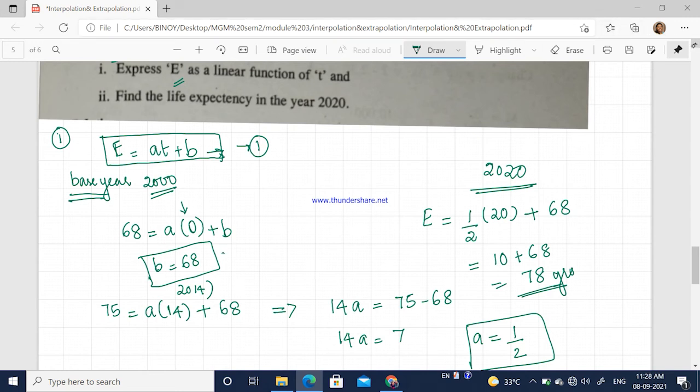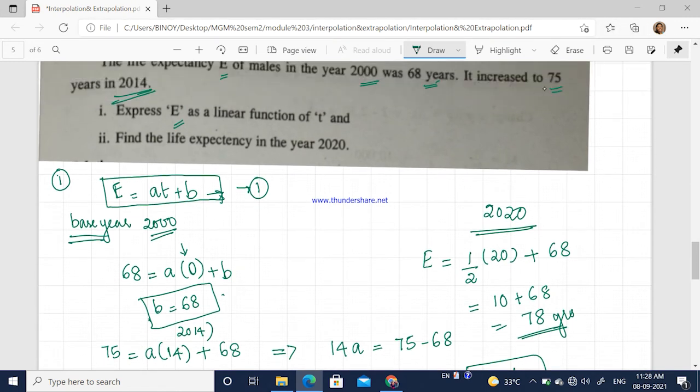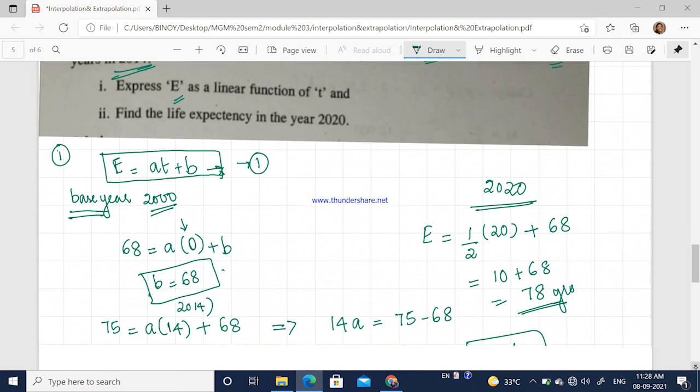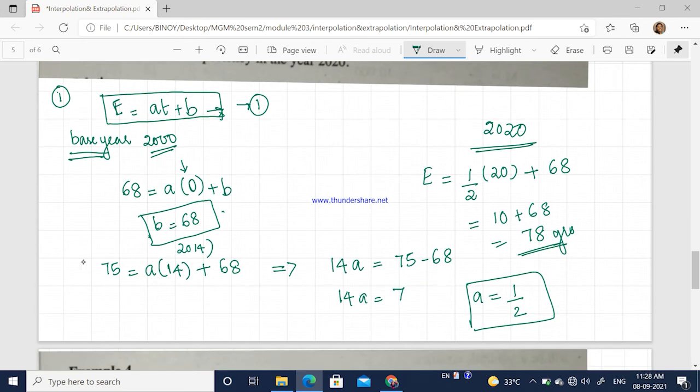Then according to the second statement, the life expectancy is increased to 75 years in 2014. So 75 is equal to A into T. Here the T is 14, since in 2014 the T is changed to 14. So 14A plus the B value, 68, and we got the value of A as half.